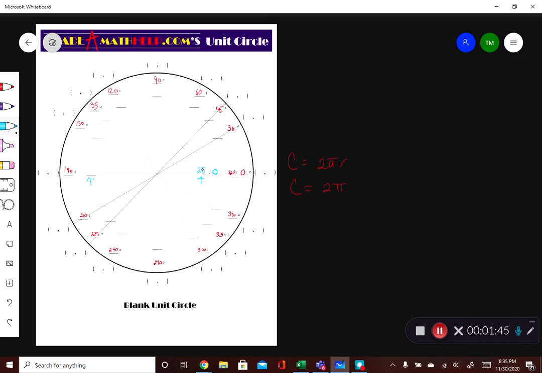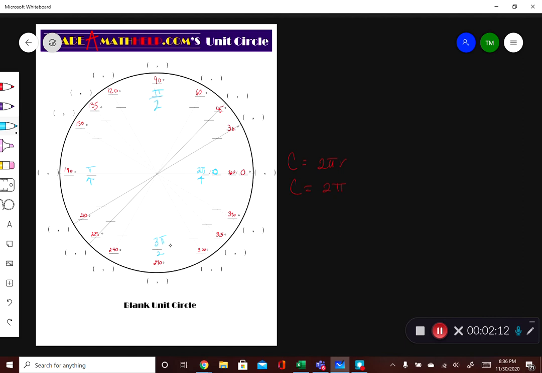Well, it's half of that, so it's going to be pi. And then 90 degrees is half of pi, so it's going to be pi over 2. And then 270 degrees is 3 pi over 2, or 3 halves.